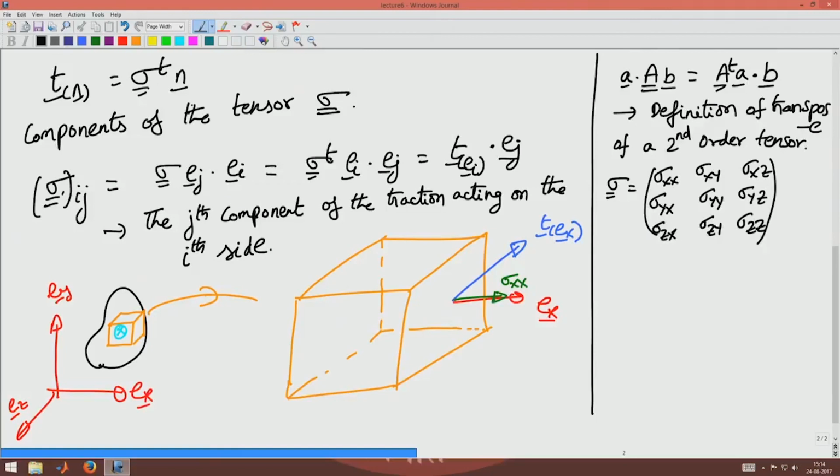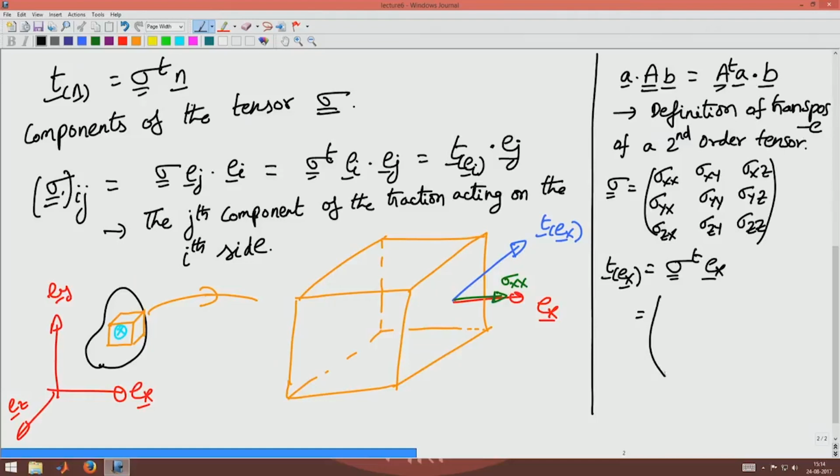Now, the components are given by sigma transpose acting on Ex. So, T of Ex would be sigma transpose Ex.